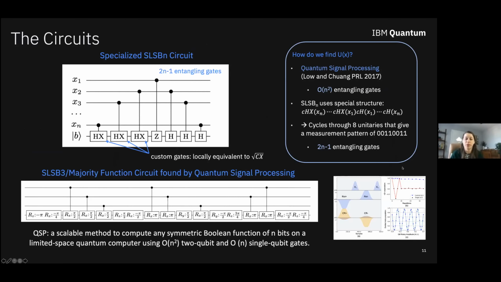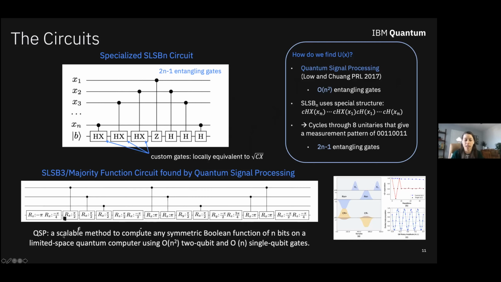So Dmitri's talk will go into how we find the circuits to compute each of these functions. But I want to highlight that there are two tools that we really incorporated into this demonstration. One was the use of quantum signal processing to find circuits that would do the SLSB3 function.